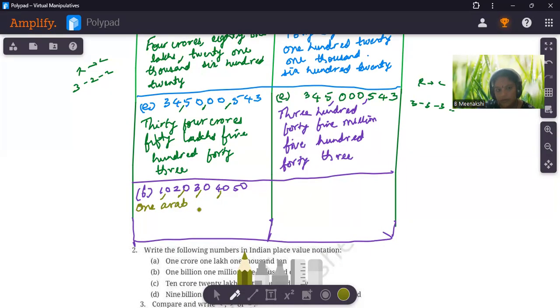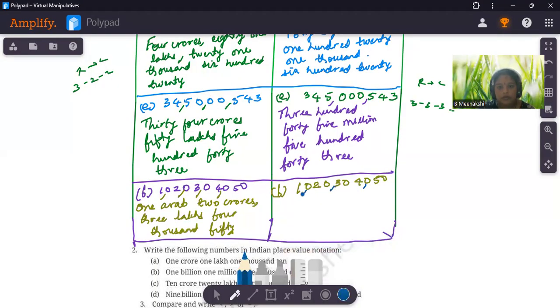1 Arab, 2 crores, 3 lakhs, 4,050. Now let us see the same number in American place value system. 1020304050.